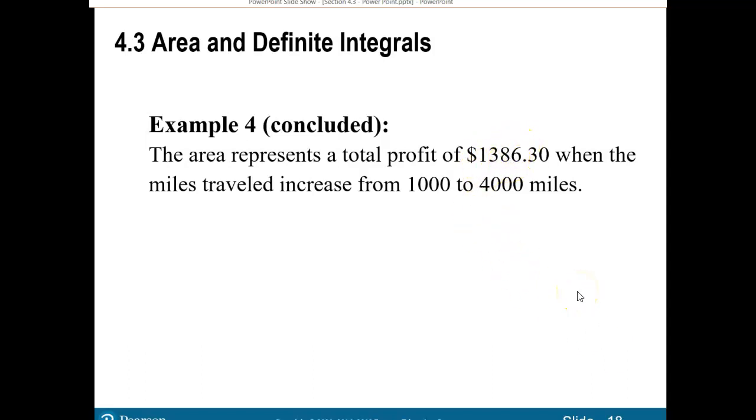So we multiply our answer by 1,000, which gives me $1,386.30. Remember, x was between 1 and 4 in thousands, so when the mileage increased from 1,000 miles to 4,000 miles, this represents the total profit.